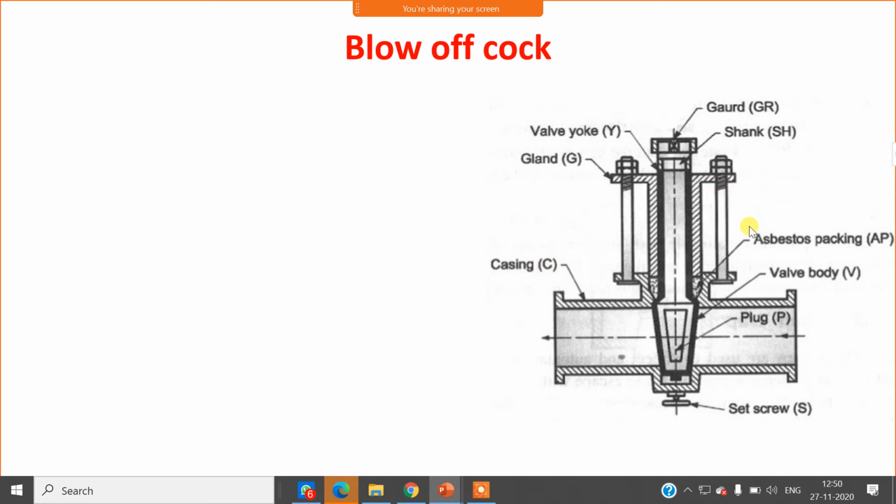The construction of blow off cock is similar to that of the feed check valve and steam stop valve, with only a difference in function and slight construction. It consists of a gland. Inside the gland there is a spindle. At the lower end of the spindle there is a plug which has a rectangular hole.